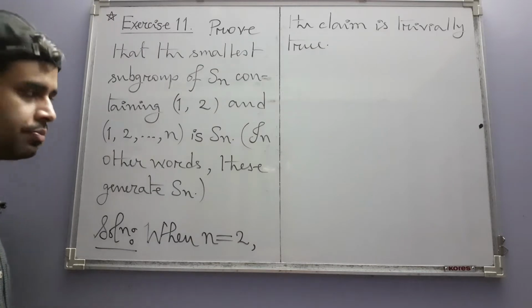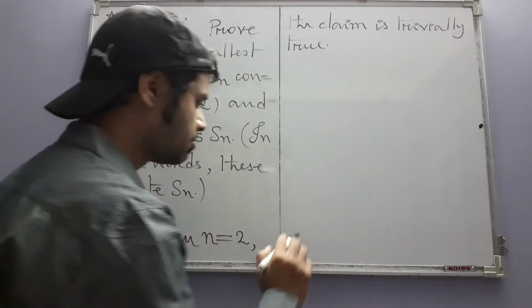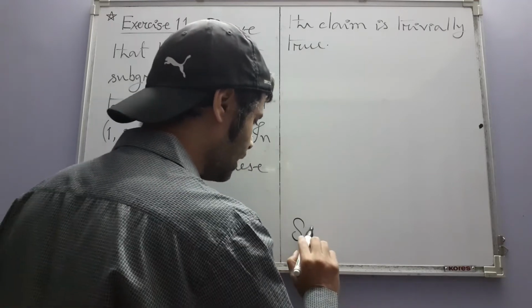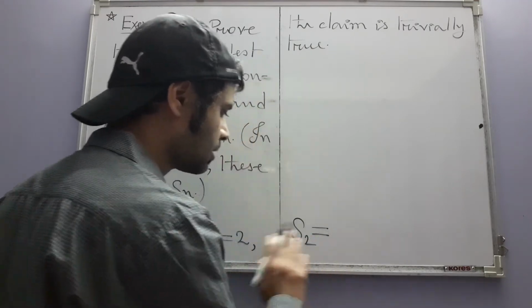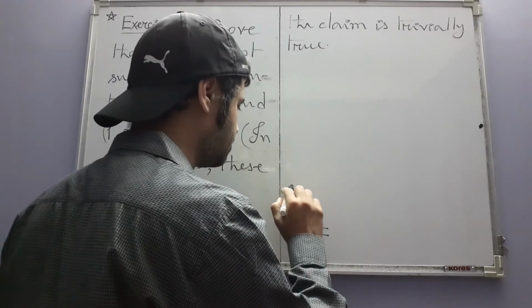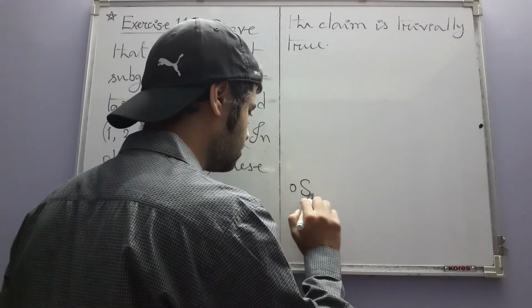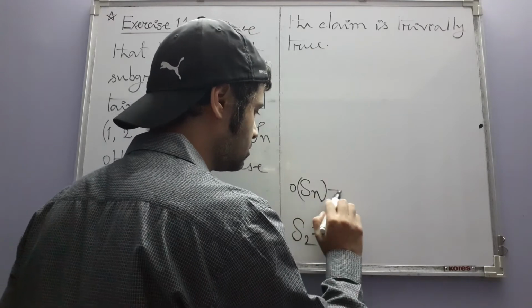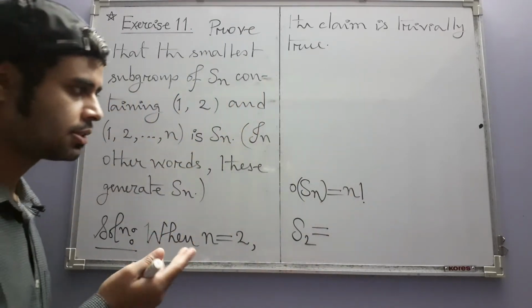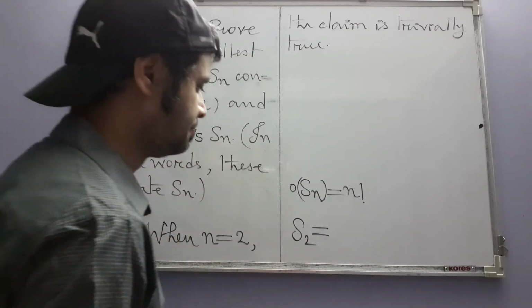But how? See, when n is 2, then we have S2, and we know from the already developed theory of Sn that the order of Sn is n factorial. This we have already seen, and we have proved this also.